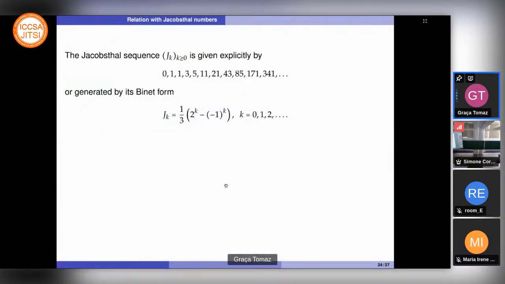The sequence decay, when n tends to infinity, is related to the Jacobsthal sequence. I recall that this is the explicit Jacobsthal sequence, which can be generated by its linear form in this way.